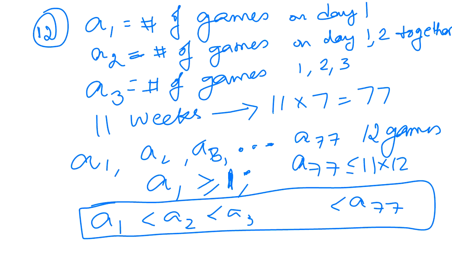So at the most he practices 132 games. Are you okay with this so far, guys? Okay, now I'm going to erase this. So far what we have is this.